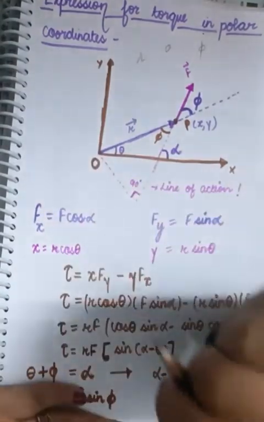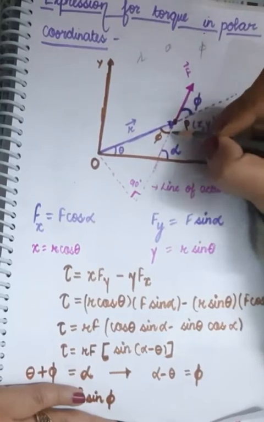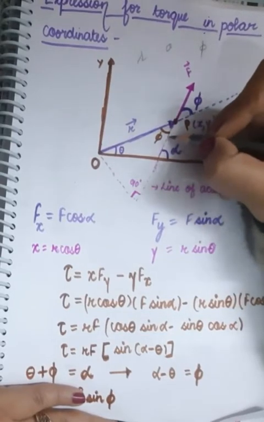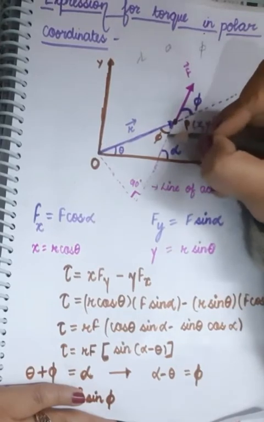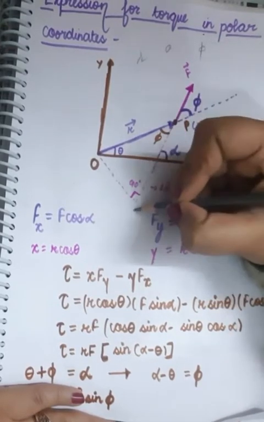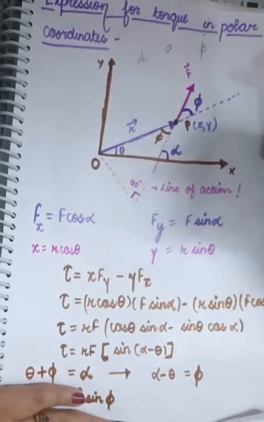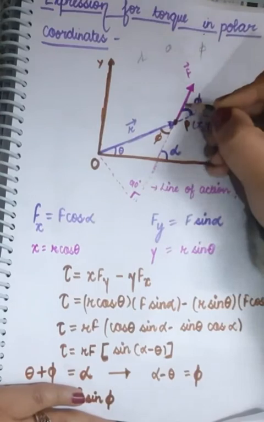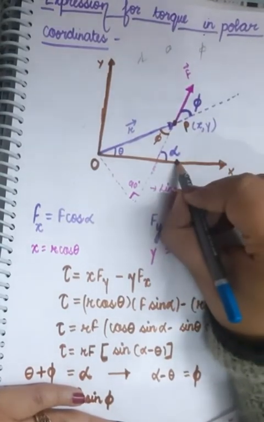Now, let's have a look here. This was the force which was applied on this object so that it got rotated. If you extend the line of action of this force, and if you extend it from the origin also, then suppose F vector makes an angle with the x-axis, and that angle is alpha.